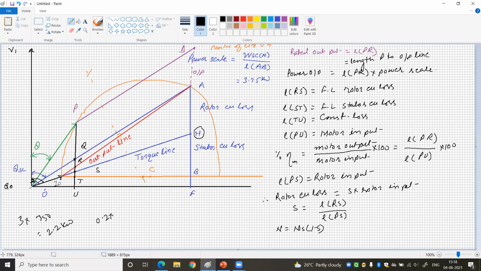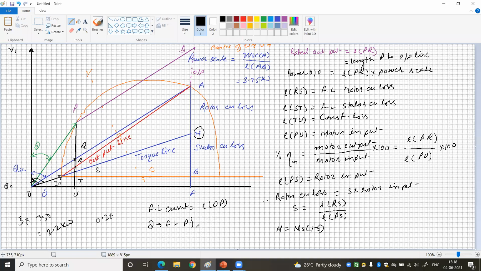Now the length from the origin O to P is nothing but the full load current. So the full load current is equal to length OP. Similarly, this angle theta is the full load power factor angle, and hence cos theta is the power factor of the motor.